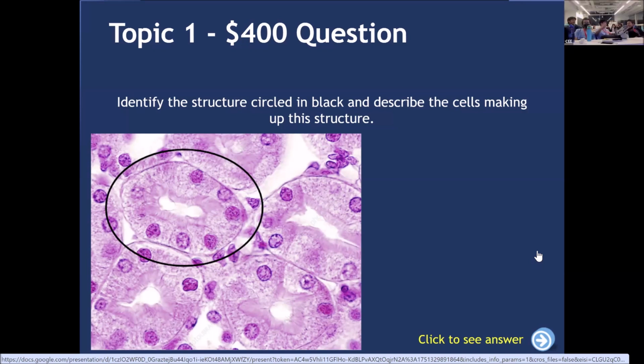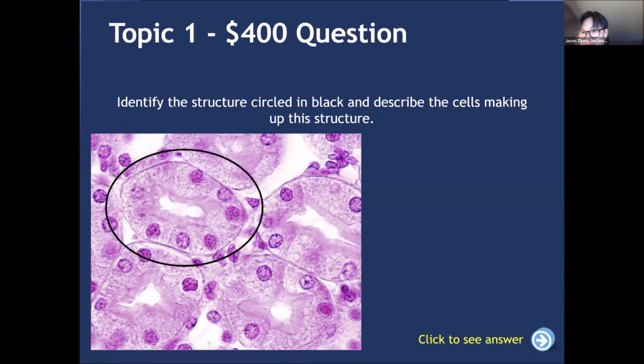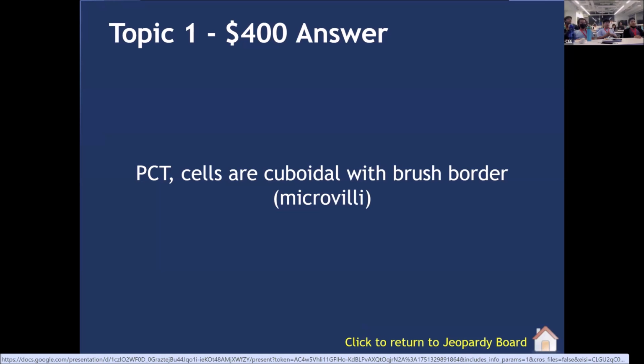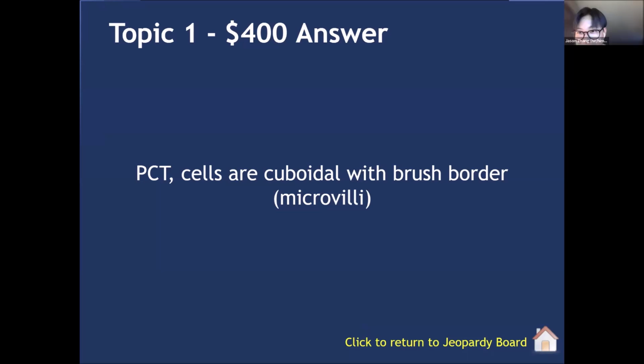I think if they get it wrong, you can steal, right? Okay, well it's not mammary gland. So what is it? I think PCT. Yes. PCT, what are the cells making it up? Okay, PCT, cuboidal cells with a brush border. Very nice. So do they get full points or 200? I think they get full points, right? Yeah, I think they get full points.